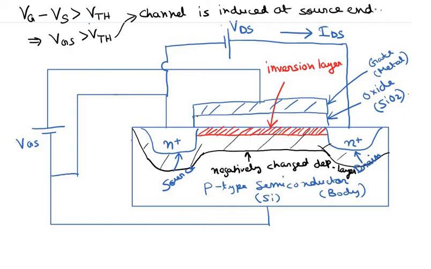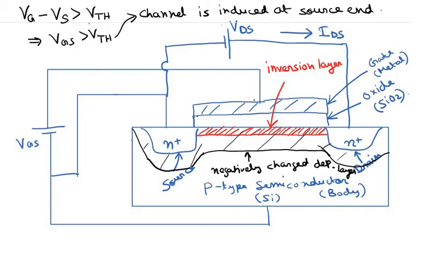Now, when VDS was equal to 0, or the source and the drain were shorted, in that case the potential at the drain would be equal to the potential at the source. So under such a condition, the channel at the drain is induced whenever the channel at the source is also induced.